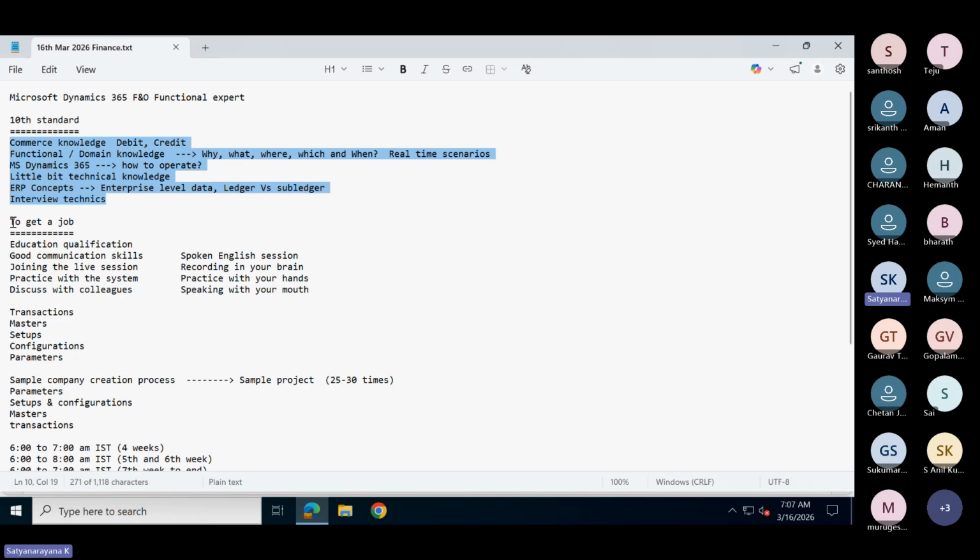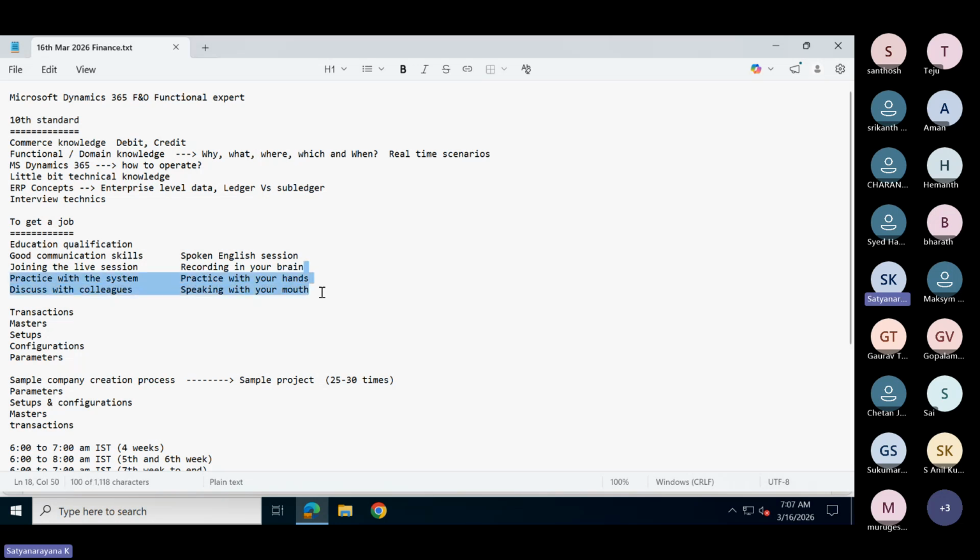If you want to get a job, you need the education qualification the company is looking for, and you have to have good communication skills. You need to join the live session every day, practice with the system, and discuss with colleagues whatever knowledge you have. You need to explain it through your mouth.